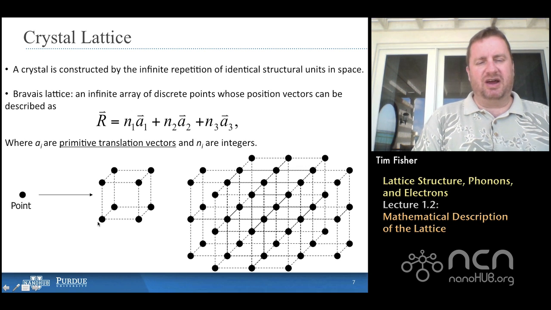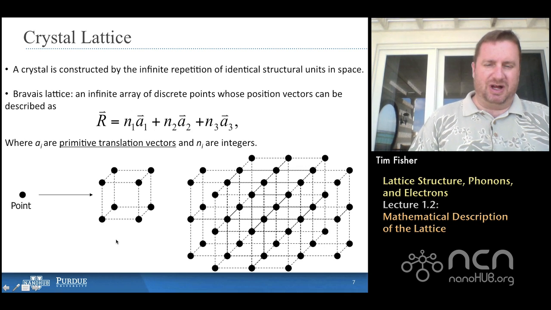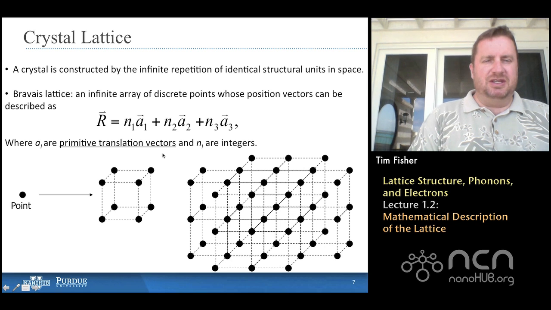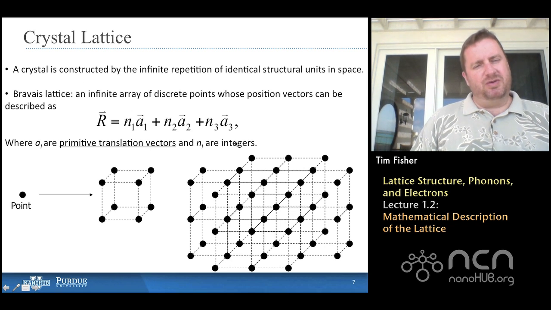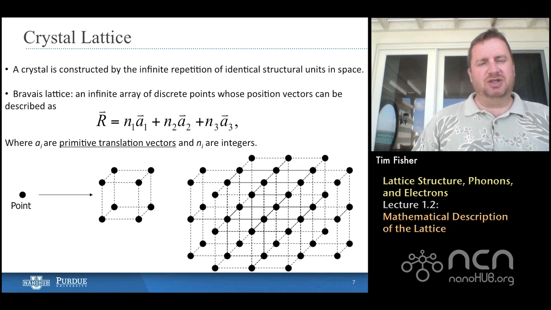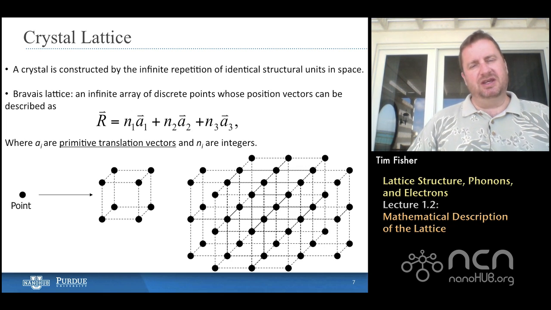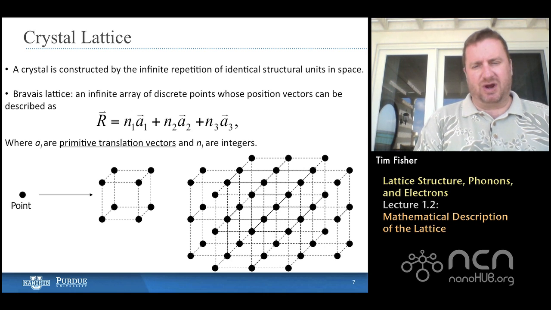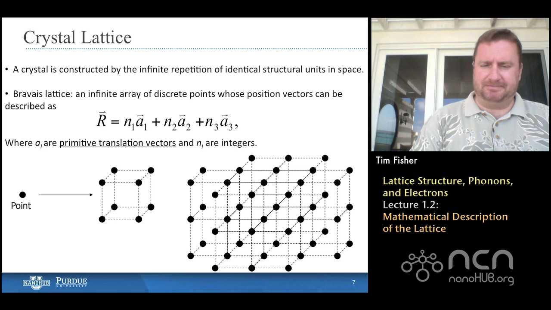In some cases, we're going to have to cluster a couple or a few atoms around each point in order to make a real material out of it. But this Bravais lattice is important because it gives us a mathematical basis for this periodicity, for this symmetry in real space that we'll need in order to understand and to mathematically describe transport processes.